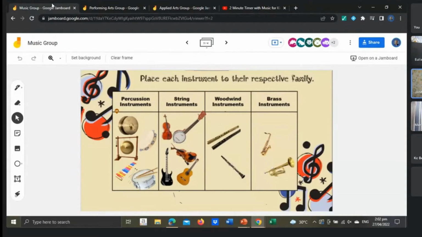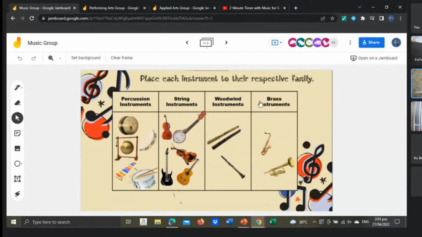Let's have now the first one, the music group. They placed 5 instruments under the percussion, also 5 instruments under the string, 2 instruments under woodwind, and 2 under brass. So let's try to check.